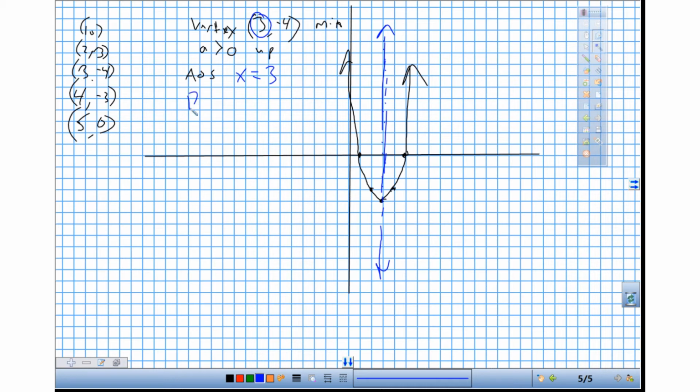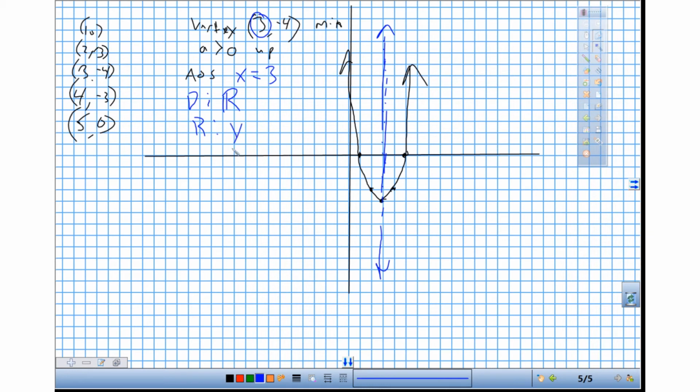Let's take a look at the domain. Domain is the x values. It's everything I can plug in. And every time I have a quadratic function, it's always going to be all real. I can plug any number I want into this function, and it doesn't matter what I get back. Range. I can plug anything in, but when I think about getting stuff back, I have to think about my y values.